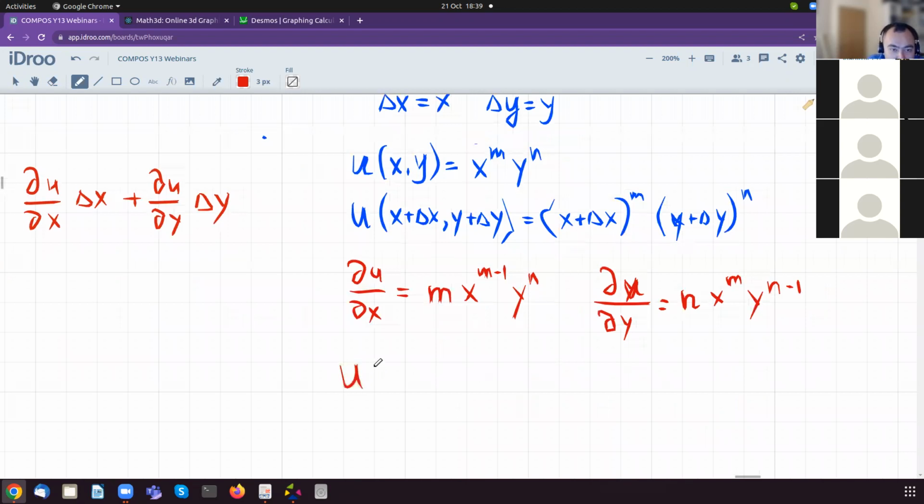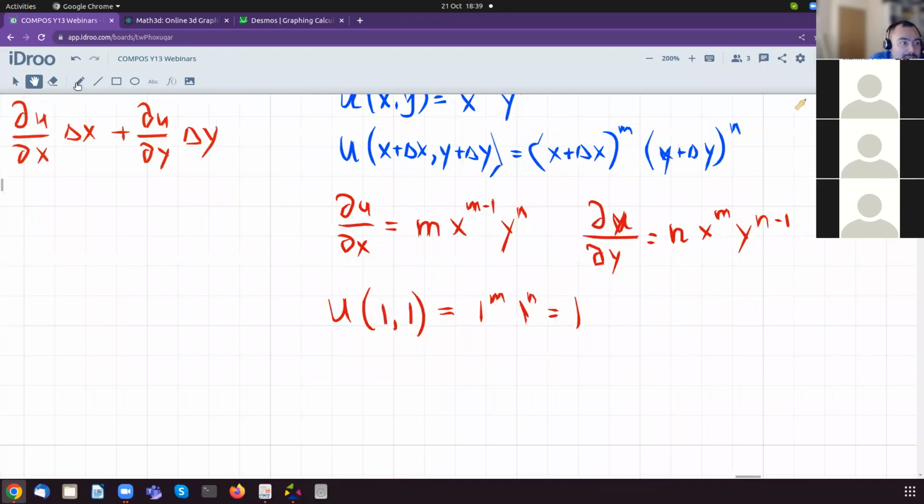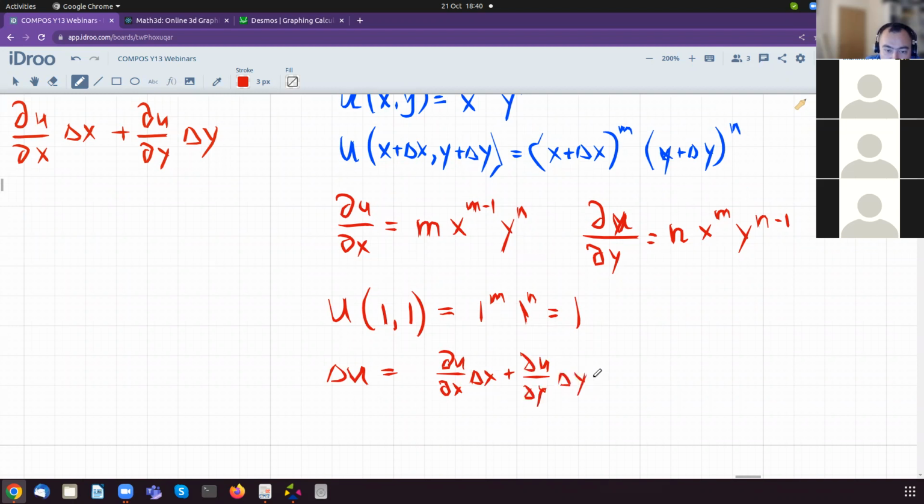Now we find u of 1, 1. Well, it's 1 to the power m, 1 to the power n, which is 1. And delta u, according to this formula, is du/dx delta x plus du/dy delta y.